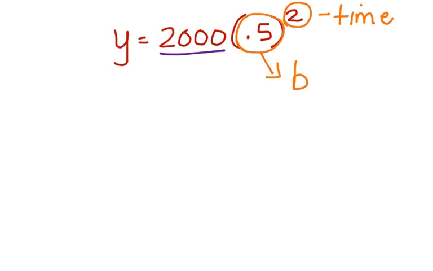And the 2,000 is our initial value. That's our A value. So in this case, B is a fraction. It is 0.5, or it might have been 50% or 1/2. But because B is a fractional value, this function represents exponential decay.